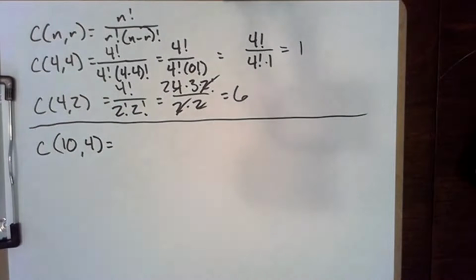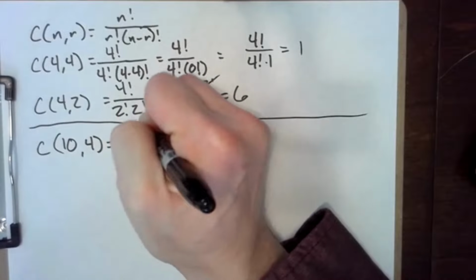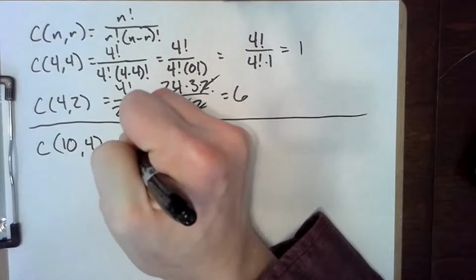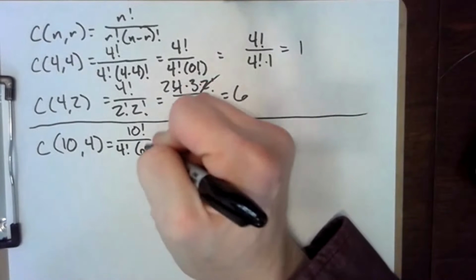I keep wanting to say 10 choose 4, because that's another way that this is often used, and it's certainly the way that I was taught, but the terminology in the book is a little different, so we're going with their stuff. So this is the number of combinations of 10 people taken 4 at a time. That's 10 factorial over 4 factorial times (10 minus 4) factorial, which is 6 factorial.